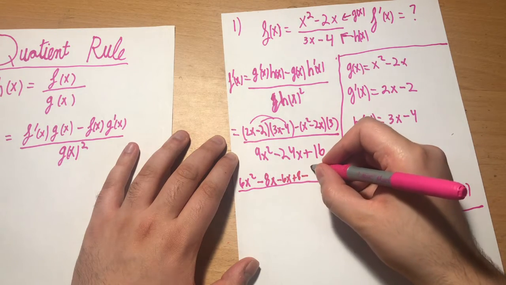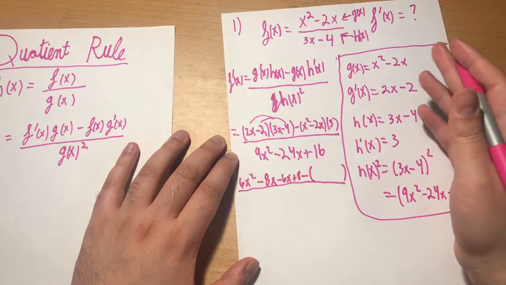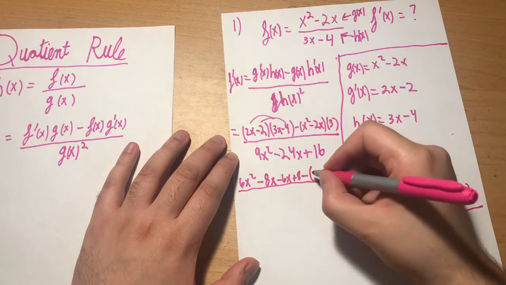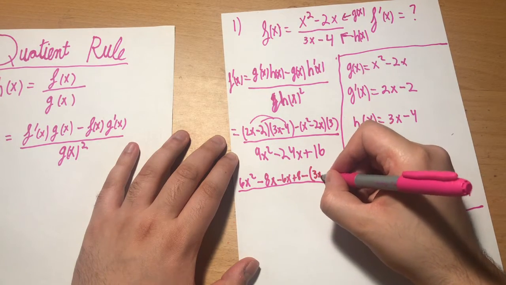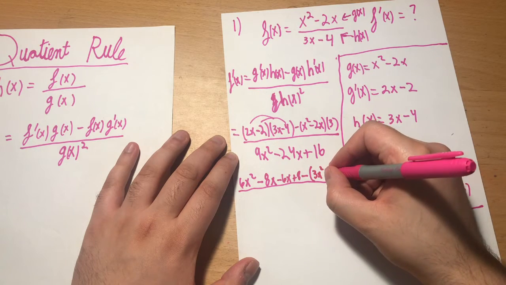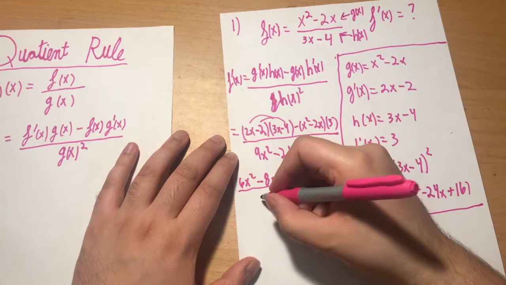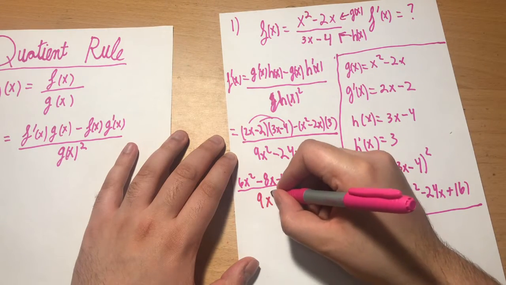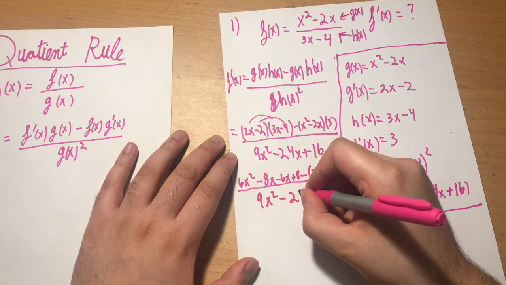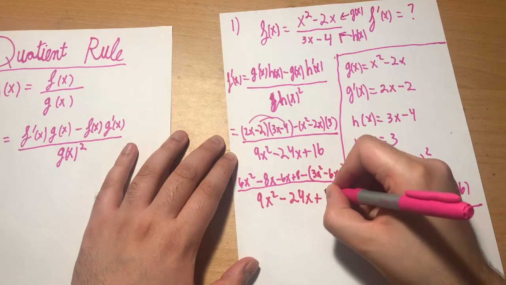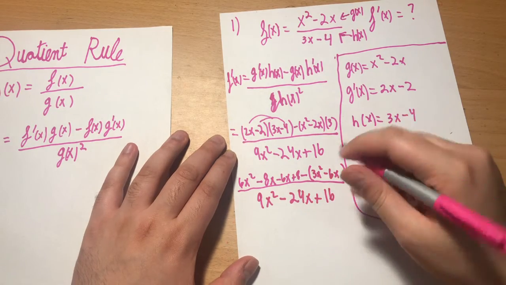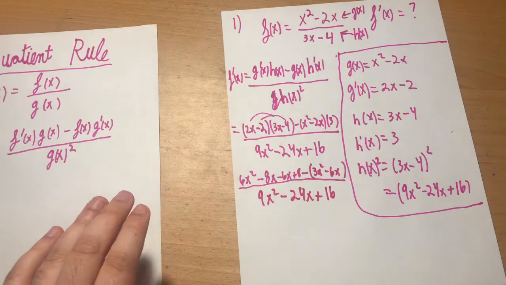And that's still subtracted by the entire back half. And that's just distributing a 3, which gets us 3x squared minus 3 times 2 is 6x. And the denominator stays as 9x squared minus 24x plus 16. All right, hopefully this is making sense so far.